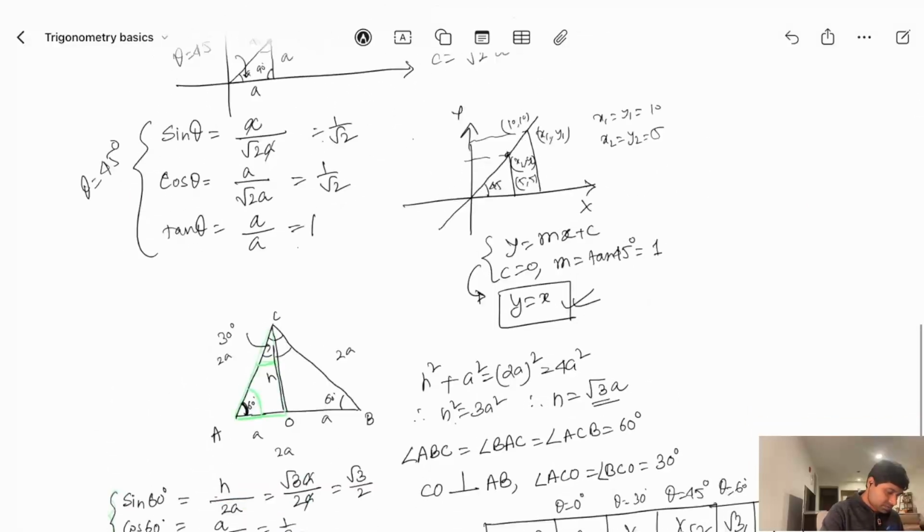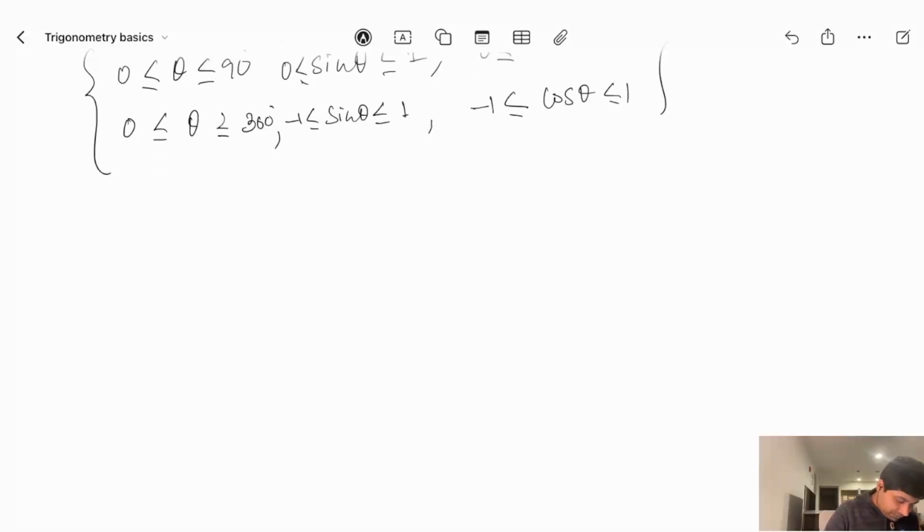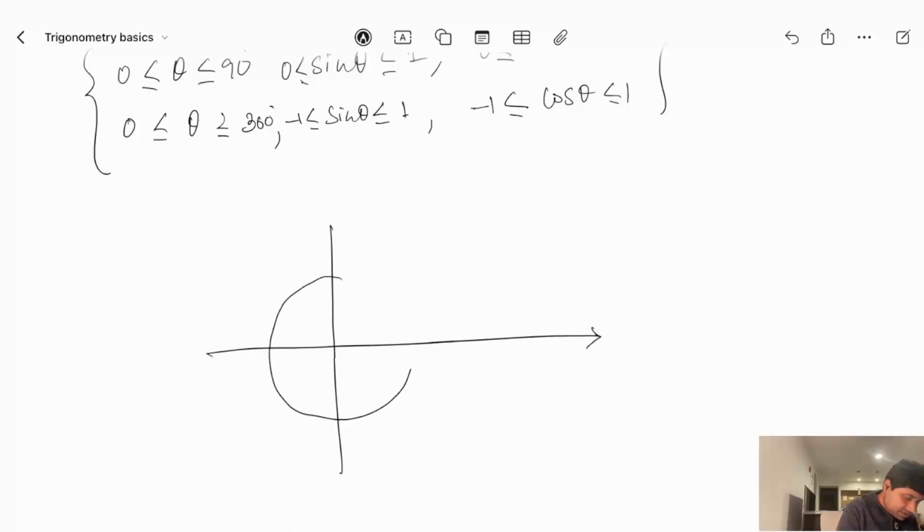So what is the polar coordinate? We can define a circle. Think of a point R, let's say R is a vector which has A in the x direction and B in the y direction.